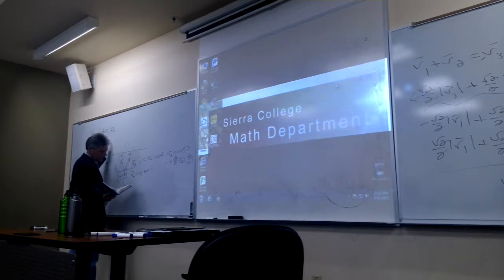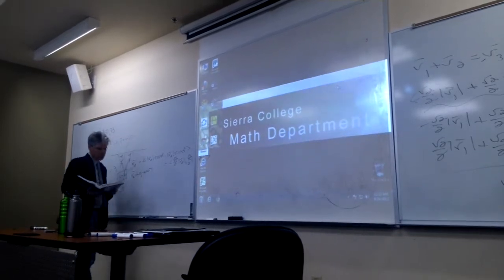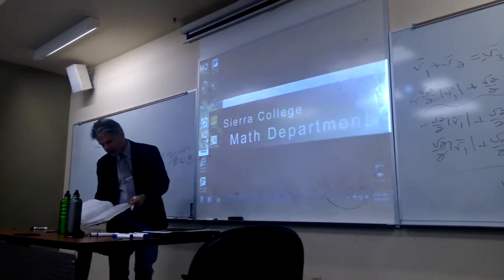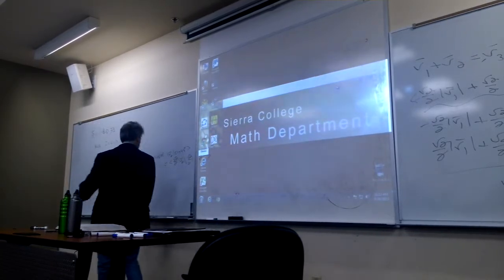U bar is 1, 1, and V bar is negative 1, 1. The problem asks for an arbitrary vector: can we express it as a linear combination of U bar and V bar?